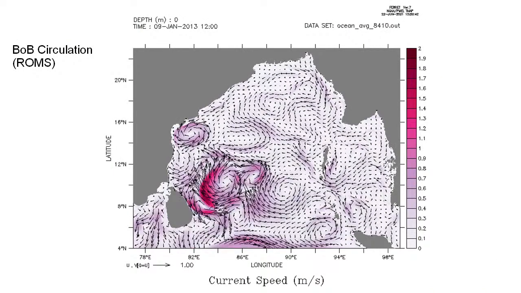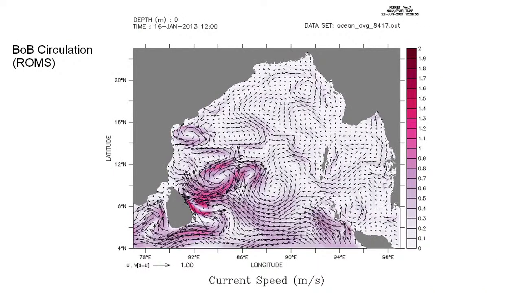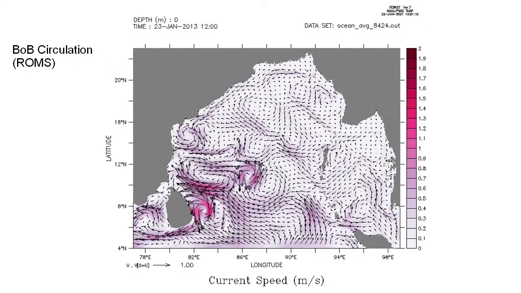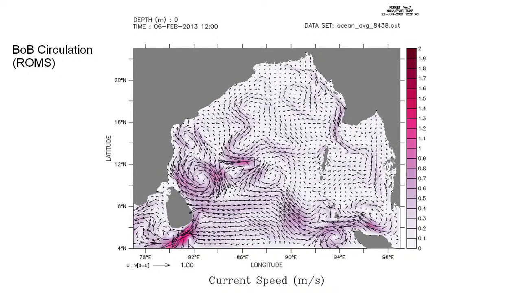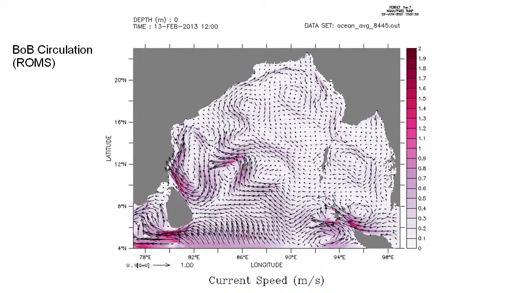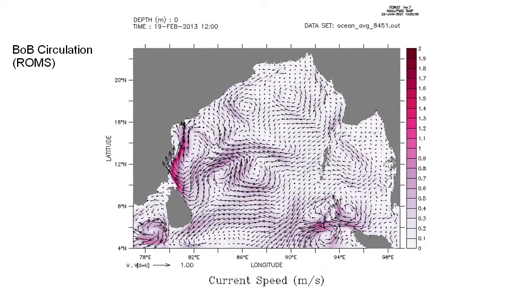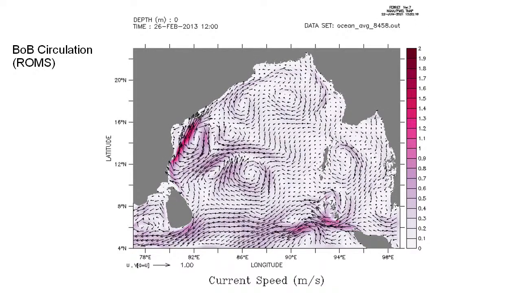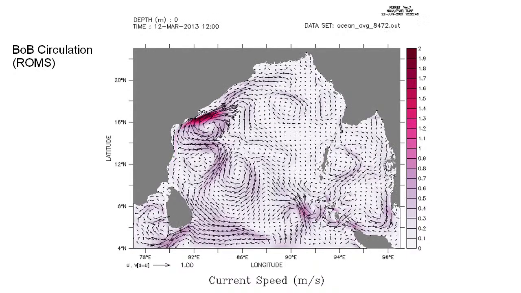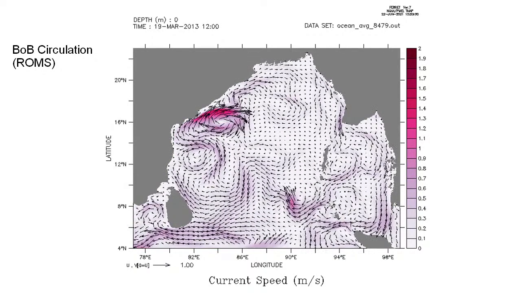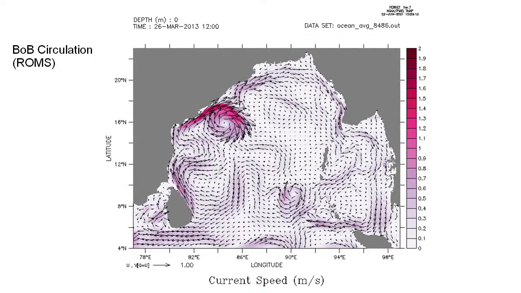This is again an animation of circulation in the Bay of Bengal, which we have simulated using this high resolution model. You can see that the Bay of Bengal, as you have seen in the observation, is dominated by eddies, and most of the boundary current is influenced by these eddies. You can see that quite well.